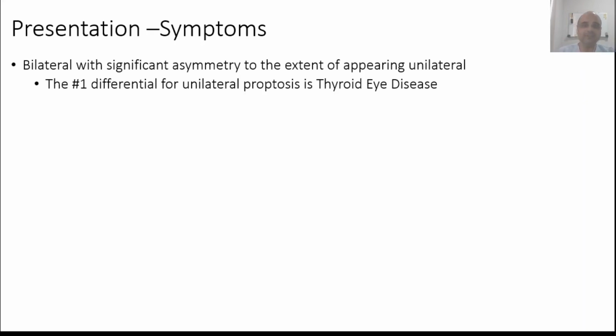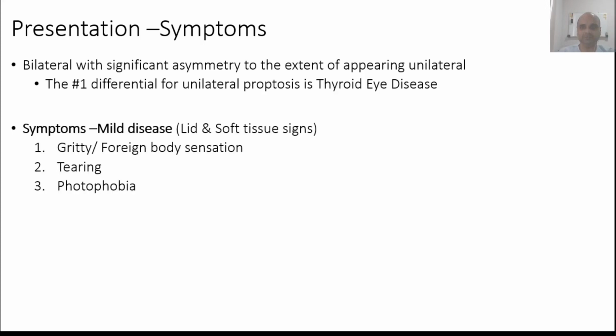So it's a bilateral disease with highly asymmetrical presentation. In fact, the number one differential diagnosis of unilateral proptosis, as we'll talk about what proptosis is, and I'm sure you know what it is, is still thyroid eye disease, in spite of the fact that thyroid eye disease is a bilateral disease, but it is a very, very asymmetrical disease.